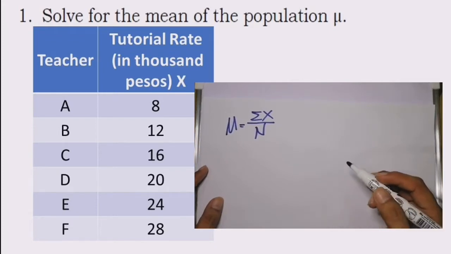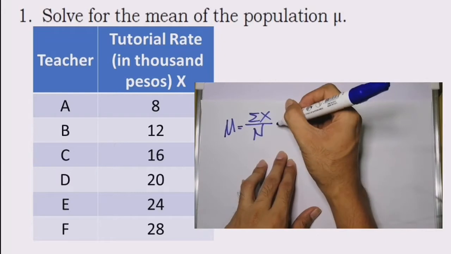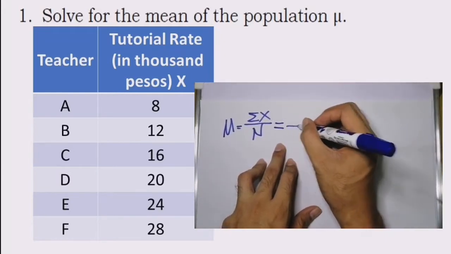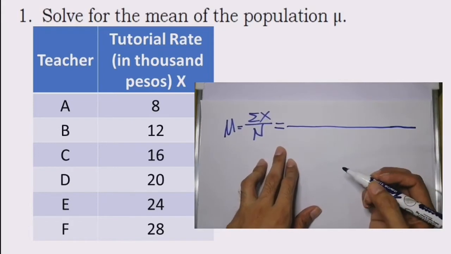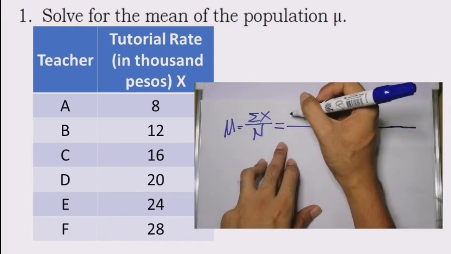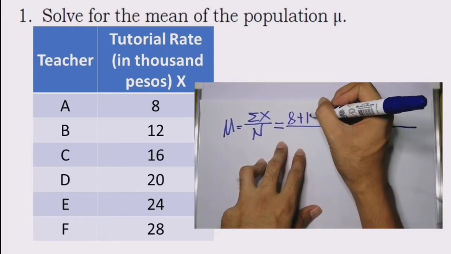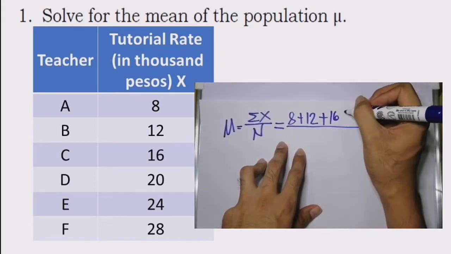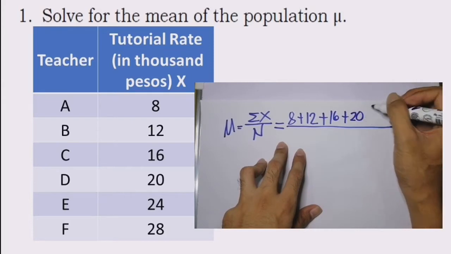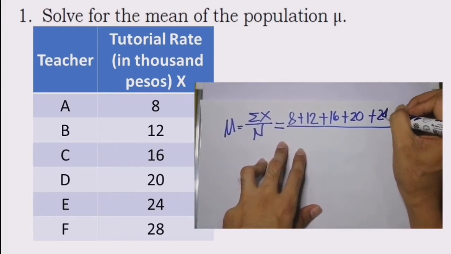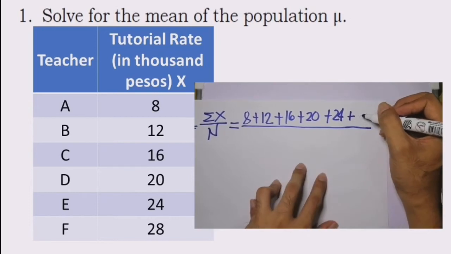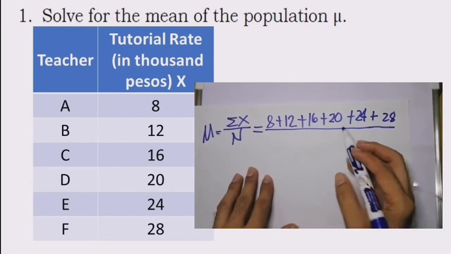So the population mean is solved this way. Ang atong mga x, di ba kay summation of x man, so i-add na nato tanang x. So, ang x nato tanan is 8 plus 12 plus 16 plus 20 plus 24 plus 28.